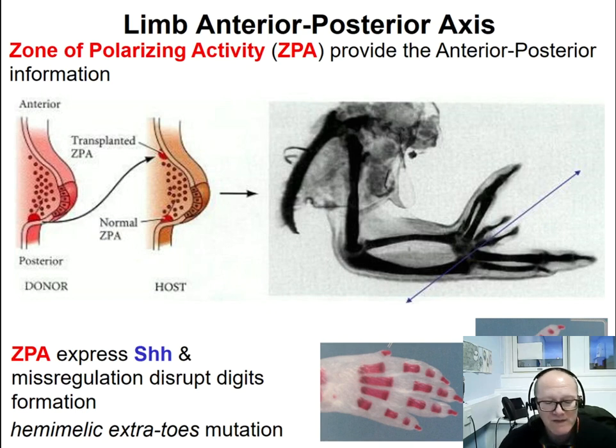Here you have the first digit, the thumb, and this is the pinky. While on the right-hand side you have a picture of extra toes in this mouse. And what you can see here is an upside-down extra autopod, if you want. This here is a pinky again, so it is another pinky. So the toes should be here in the middle. Obviously we don't see them.